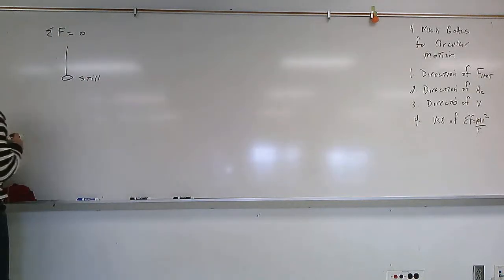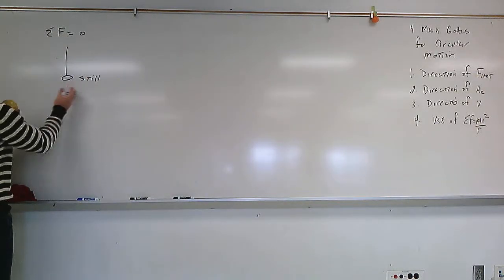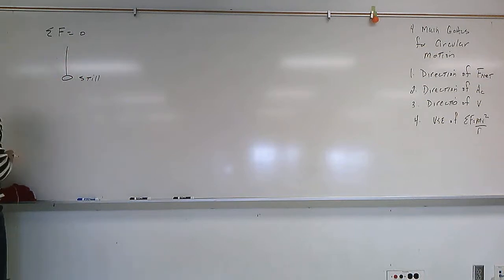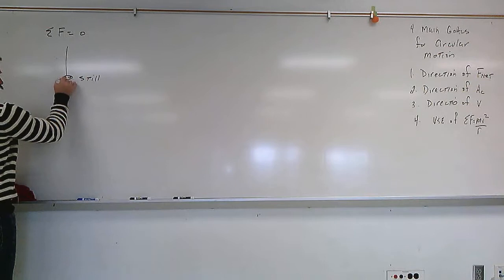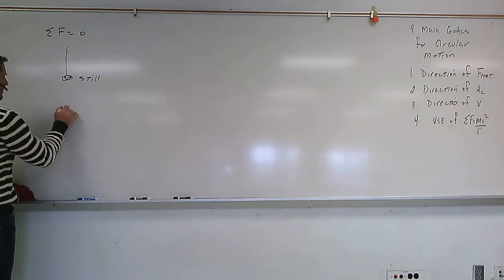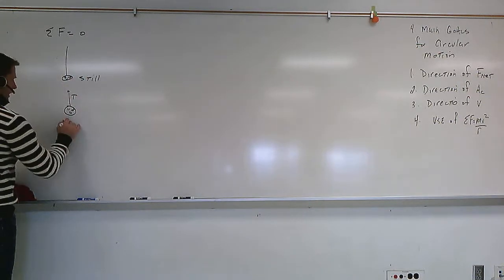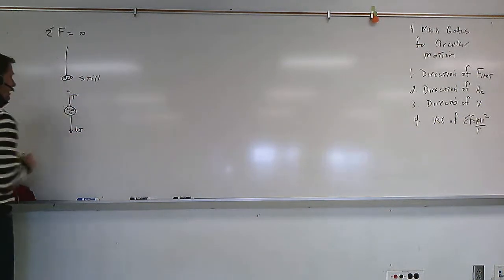So if I were to draw a force diagram, here's a picture of the ball on this string. There's my wiffle ball. If I'm going to draw a force diagram of that, then I've got tension going up and I've got the weight going down.